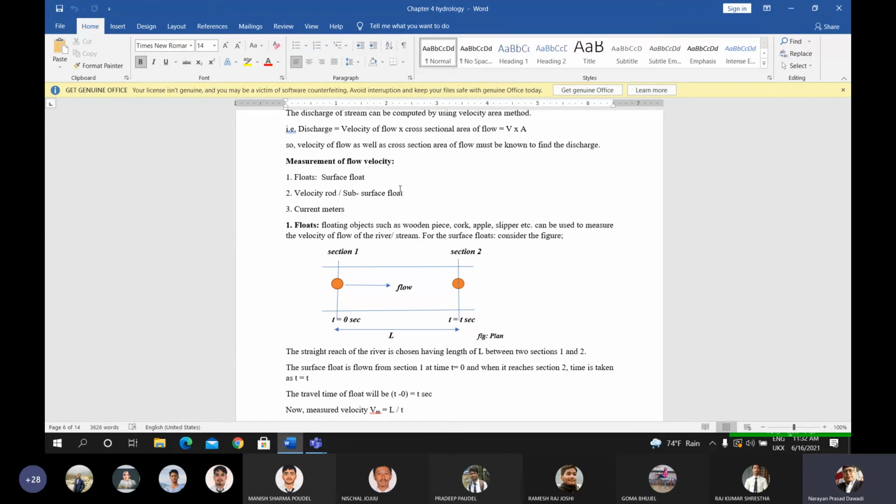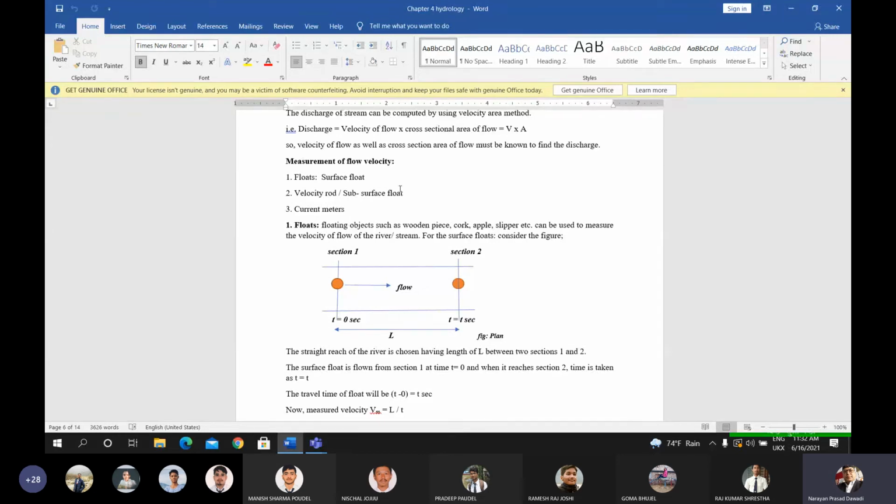For the surface floats, consider the figure. There is section 1 and section 2. This is the plan. The floating object, this is the ball, this is the orange, floats from section 1 to section 2. When the float is released from section 1, the stopwatch is on, and when the float reaches section 2, the stopwatch is off, and the time taken by the float from section 1 to section 2 is calculated.